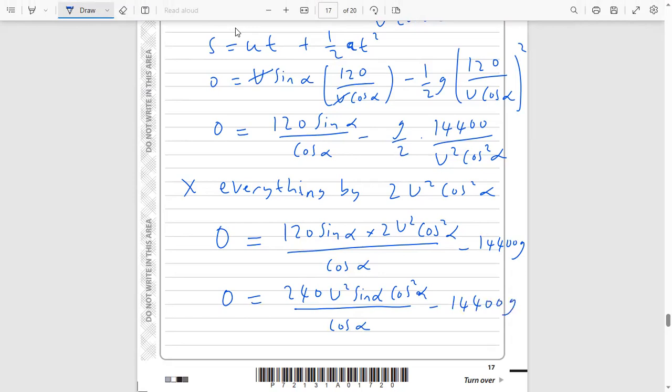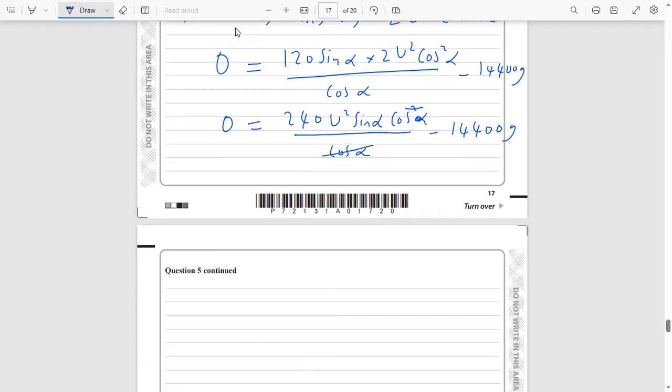Now, what you'll probably notice is that you've got a cos squared on top of this first fraction and a cos on the bottom. We can cancel out one of the coses there. So that means we're left with 0 equals 240 U squared sine alpha cos alpha, and then take away this 14,400 g.